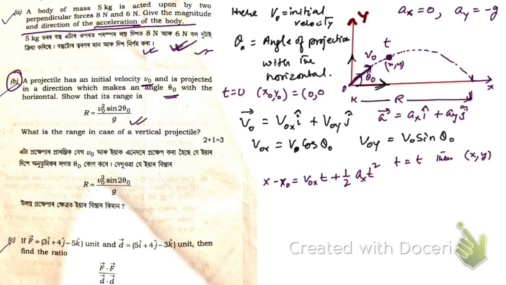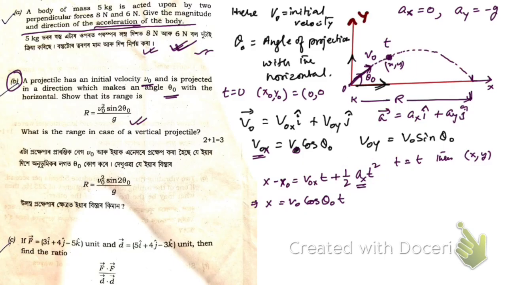Hope you have understood this. Now x0 is 0 because it started from the origin, so we get x equal to v0 cos theta naught into t. Since ax is 0, this term is 0, and we ignore it.